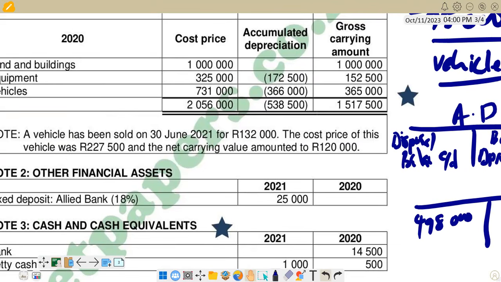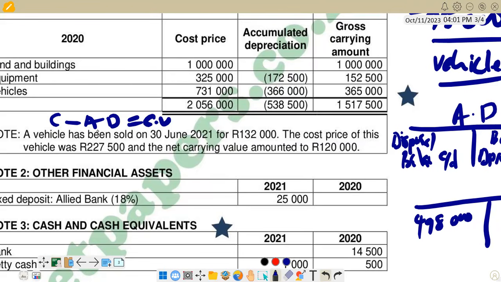So here you can find the figure of accumulated depreciation for this non-current asset by using the formula that says cost minus accumulated depreciation gives the carrying value. So according to the information, the cost is 227,500, and the carrying value is 120,000.